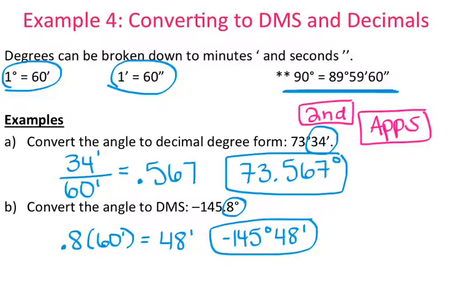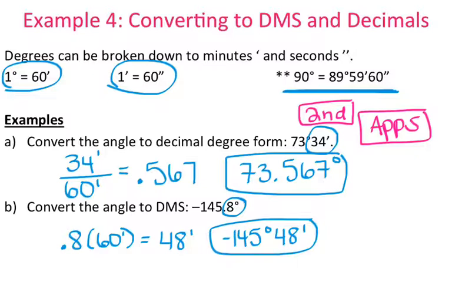So it was 73 degrees, and I'm going to select the degree symbol. And 34 minutes, so I'm going to type in the 34. And then I'm going to hit second angle again, and you have that symbol for the minutes. Then if you hit enter, it'll automatically change that to the degree decimal.